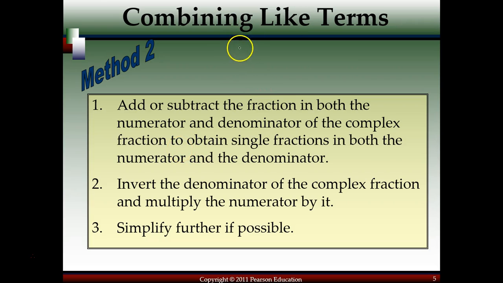So what it's saying is if we have something like x plus 1 over 2 plus x plus 3 over 4, and then that over x, then we need to combine these two fractions first as one fraction.